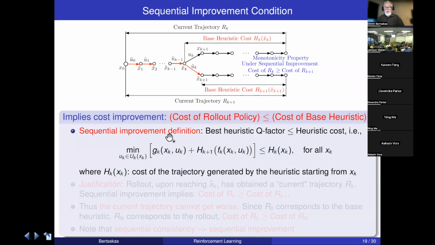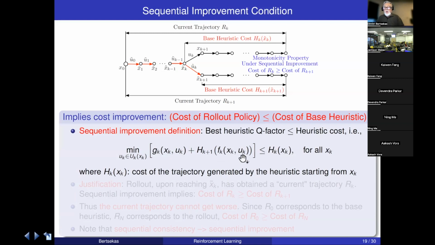Here's the definition of sequential improvement. In the process of rollout, you calculate various Q factors. And at the given state that you are in, there's also a cost generated by the base heuristic. Sequential improvement requires that the best Q factor is less than or equal to the cost of the heuristic at the state xk, for all xk. So when you are at xk, you have calculated the cost of the heuristic from there.